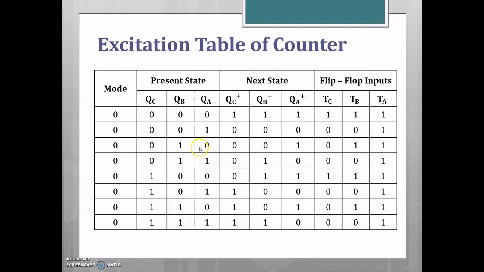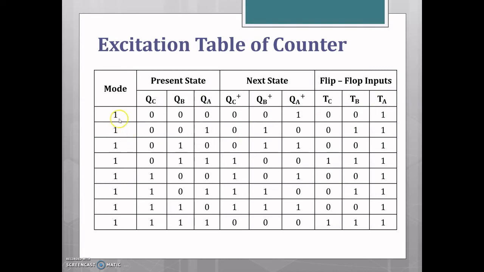So for the mode input 0, it is acting as a down counter, and using the excitation table of the T flip-flop, I can derive the flip-flop inputs. For TC, I can use QC and QC plus, and the TB input can be derived using QB, QB plus, and the TA input is derived using QA, QA plus.